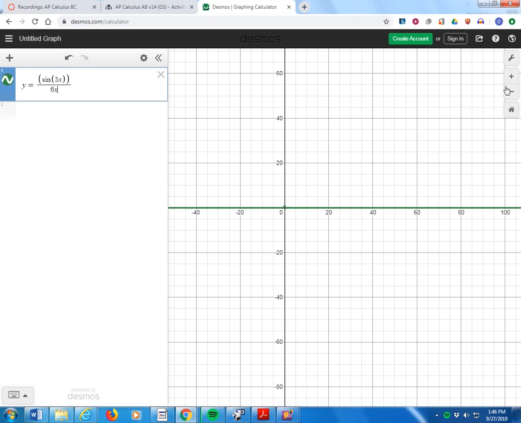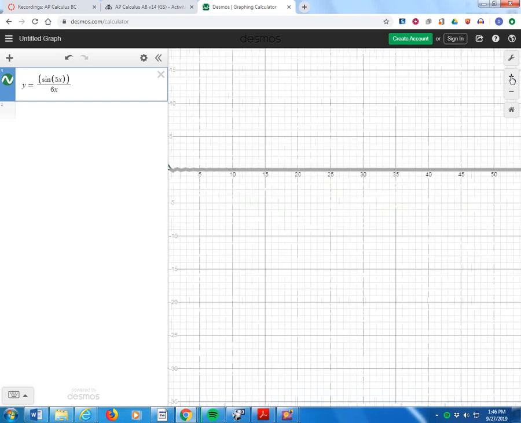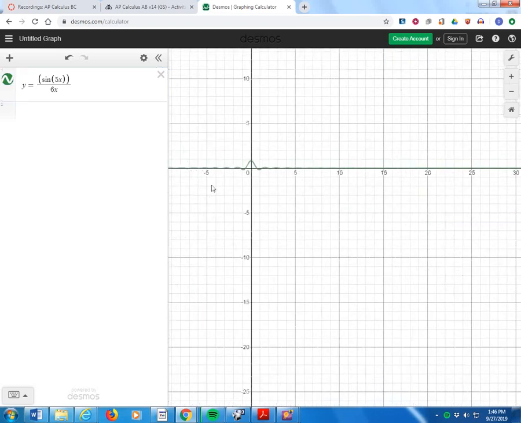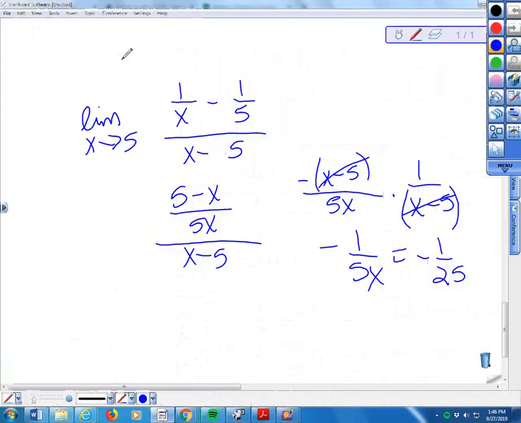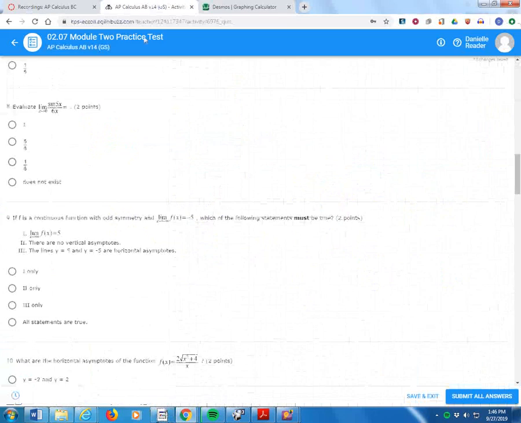And we want to zoom in on this. And this is as x approaches what? Oh, it's on the right. Hold on. As x approaches 0.